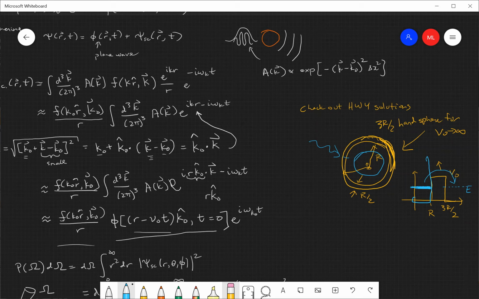I think most people did not catch that. So I would look at the homework solutions, and you'll explore this phenomenon in a little more detail on this next homework by looking at the time dependence. There, you'll look at the wave packet description, a kind of wide wave packet.